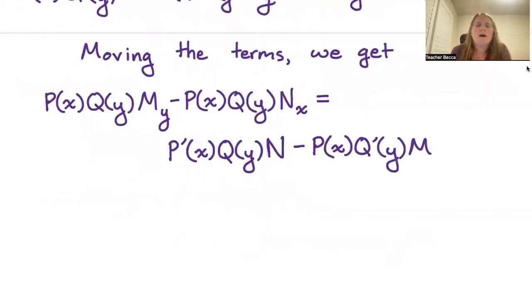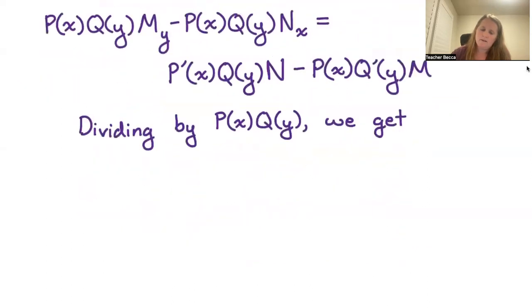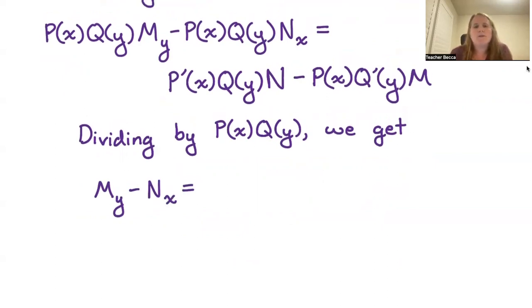If we then divide through by p of x times q of y, we get on the left simply my minus nx is equal to, on the right, p prime of x q of y divided by p of x q of y.